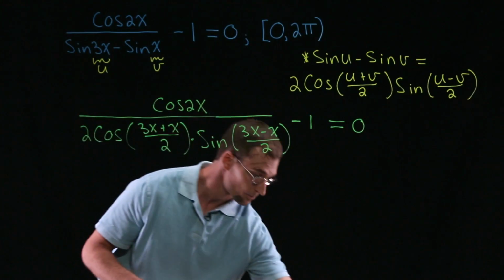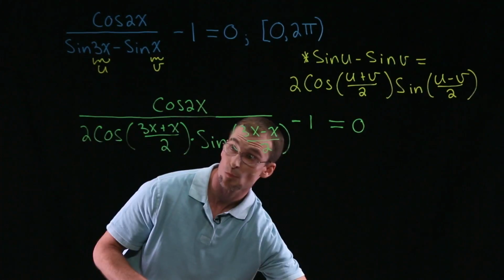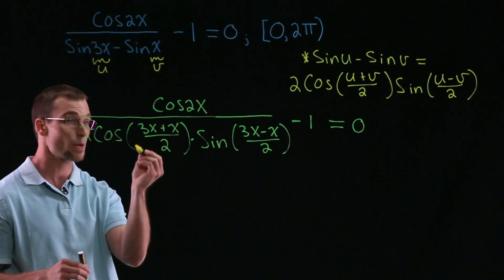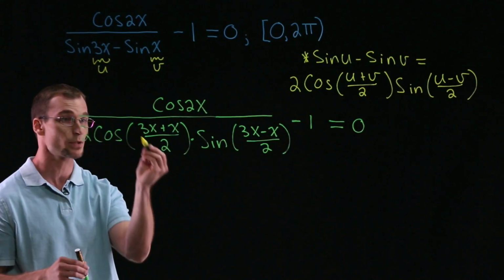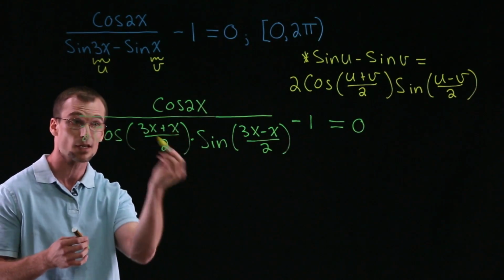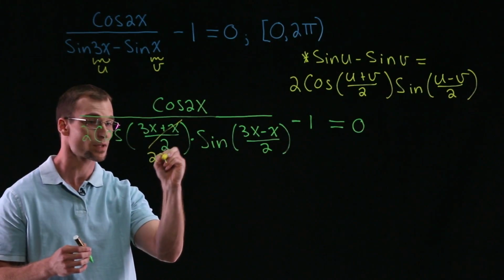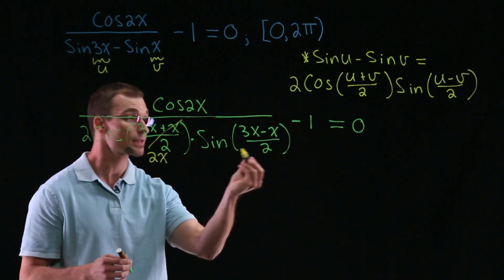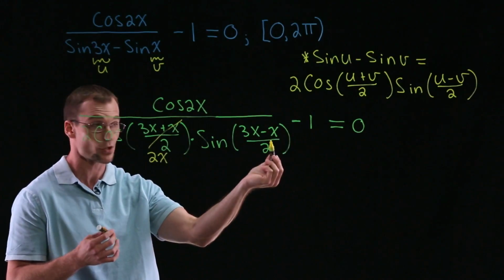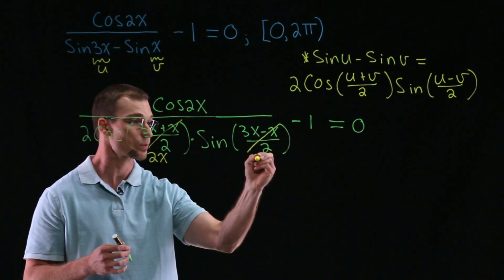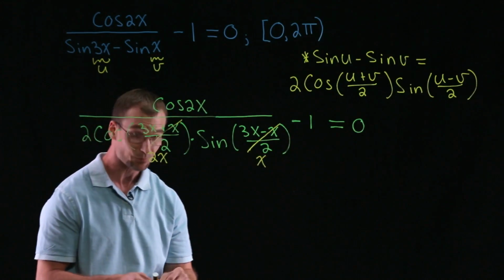Okay, so let's take a look. We have cosine in the denominator of 3x plus x divided by 2. So 3x plus x is 4x, divided by 2, gives us just 2x. And in sine, we have 3x minus x, which is 2x, divided by 2, which leaves us with just an x.